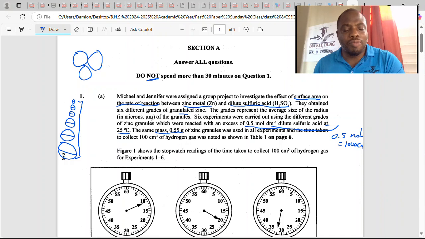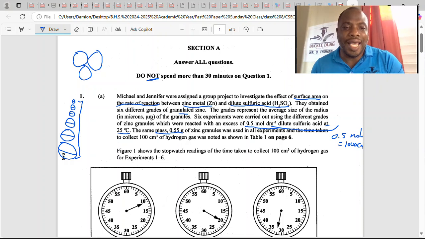So we want to ensure, because if we use 0.55 gram, and then 1 gram for one of the granules, 2 gram for another, 0.3 gram for another, that will influence our experiment. So we have to keep it constant.